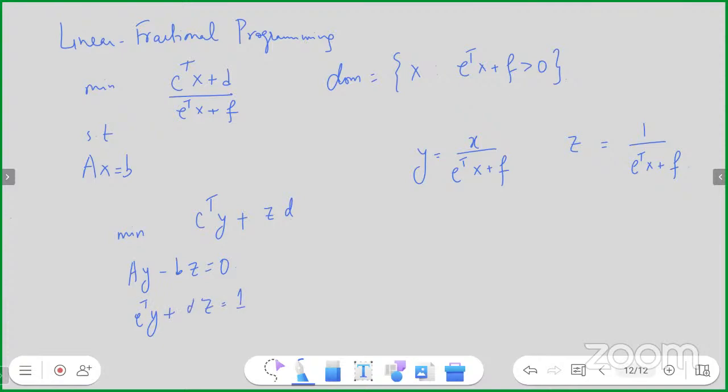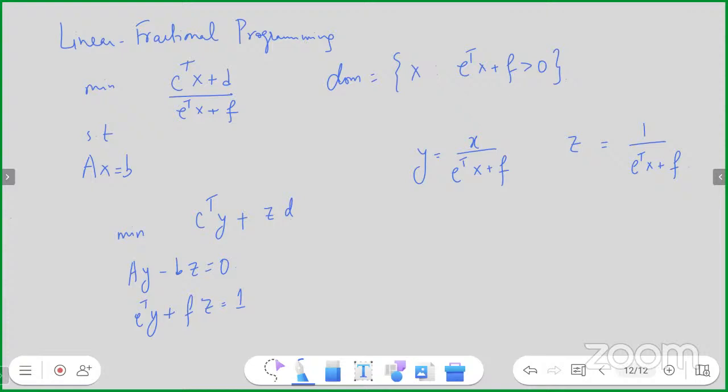Sorry, f transpose z is 1. This is by construction. All you get is the denominator, you get e transpose x plus f.